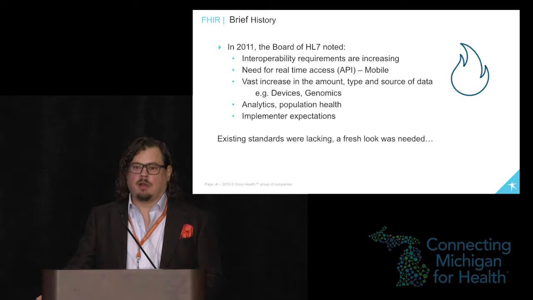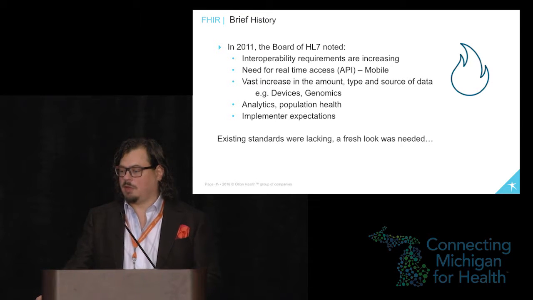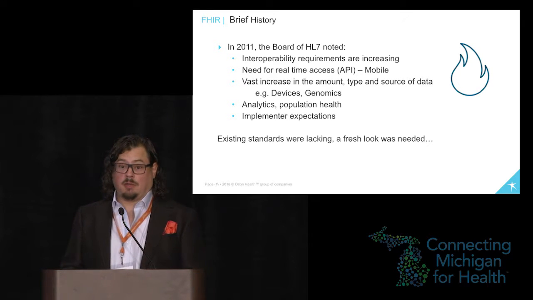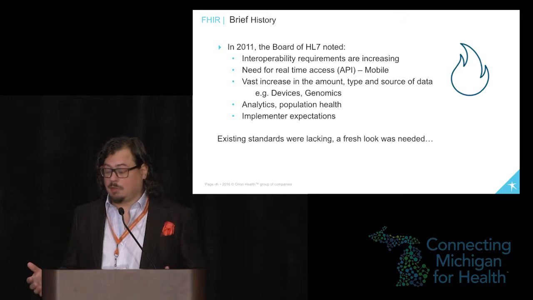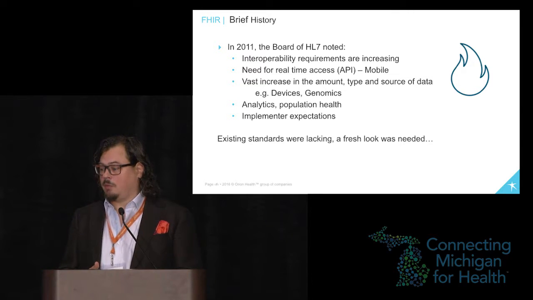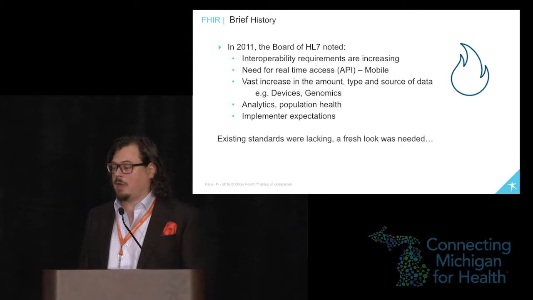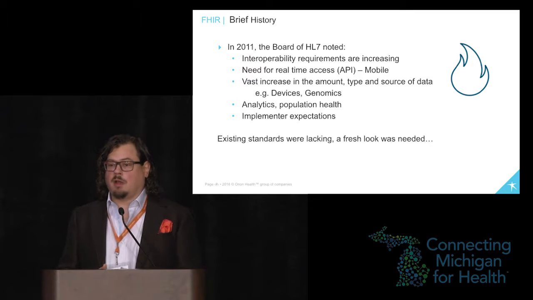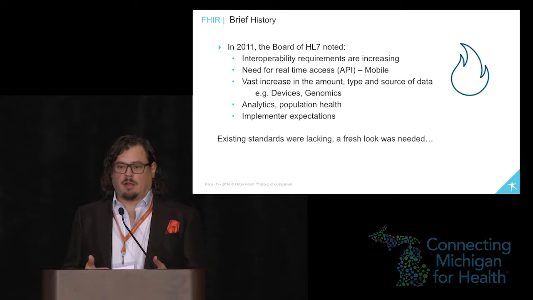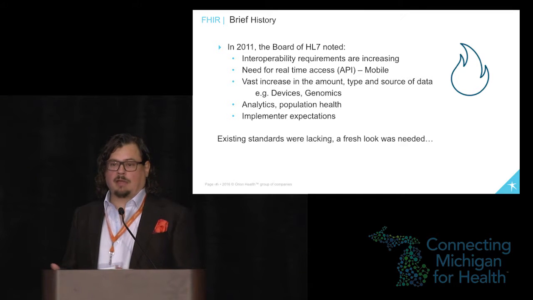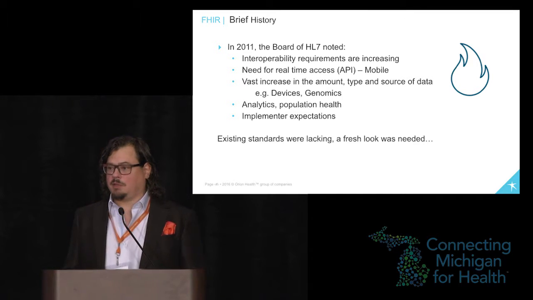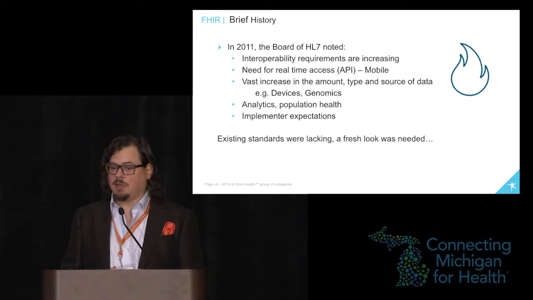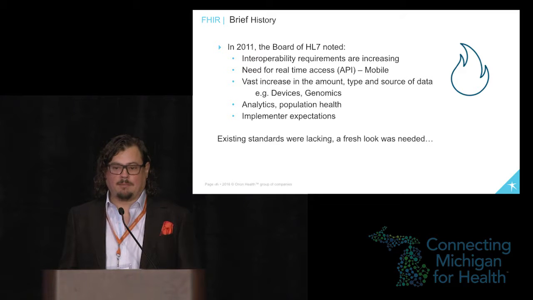How can we accommodate exchanging information with all of the new types of information that are coming around, an incredible increase in the amount of healthcare information that we want to be able to share, some of the new trends around providing precision medicine and population health, and make it something that an average person could actually implement. We don't want it to be very complex, and they tasked a number of folks with coming up with a new look at that.